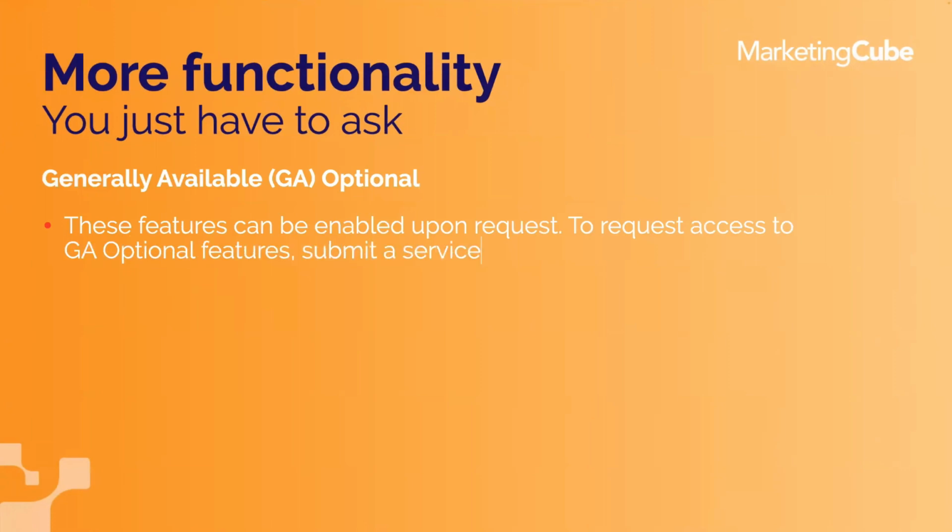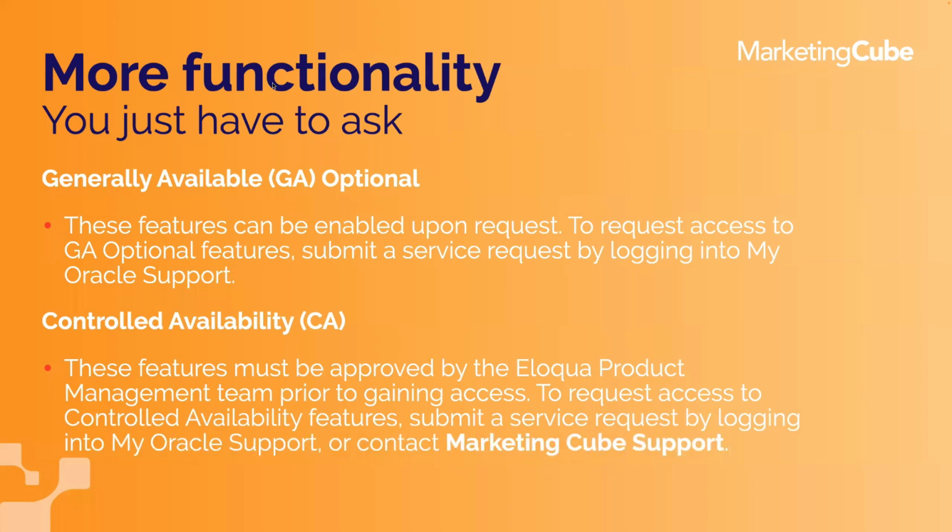Now, there is something here that I was just uncovering and looking at the other day around Eloqua. As you know, if you've been around Eloqua for a little while, you know this term GA, or general availability, of a range of different functions. Along with that is the controlled availability program. Now, the generally available list of optional is reasonably extensive.